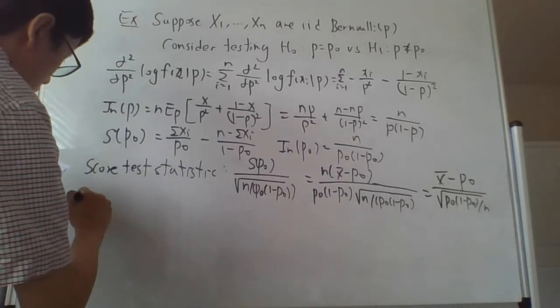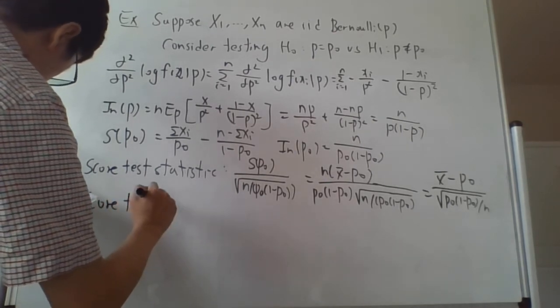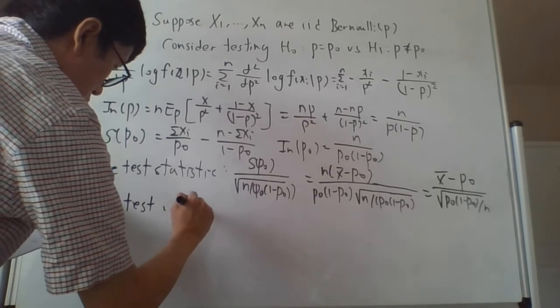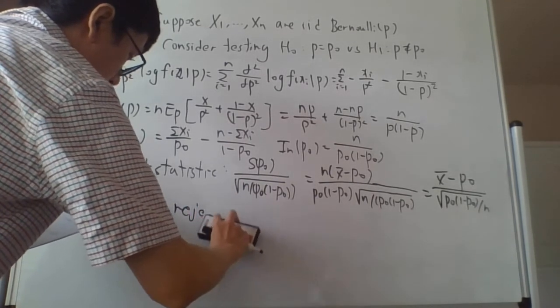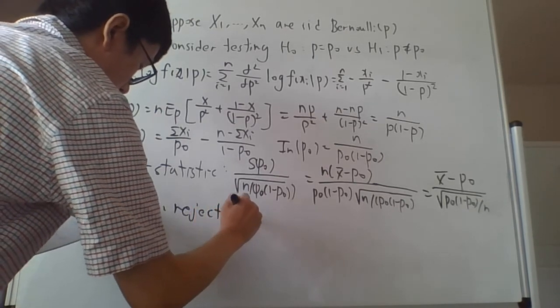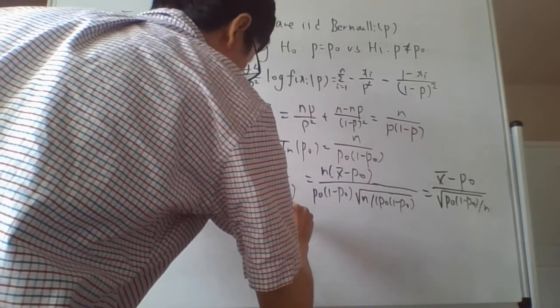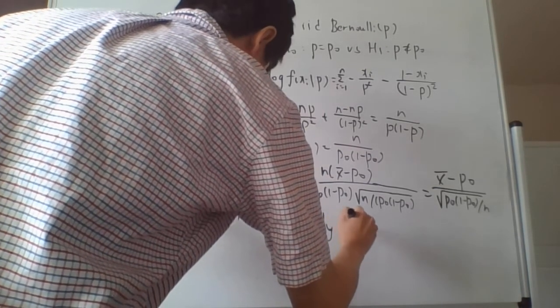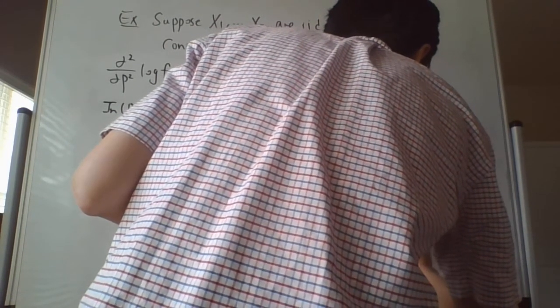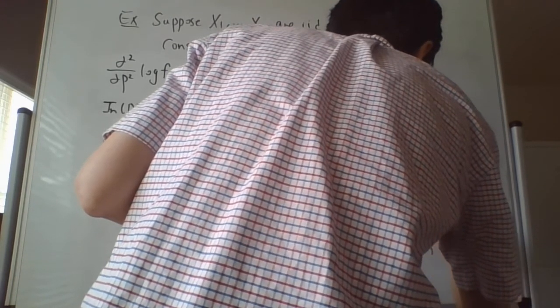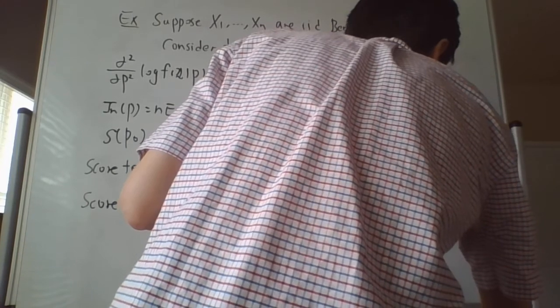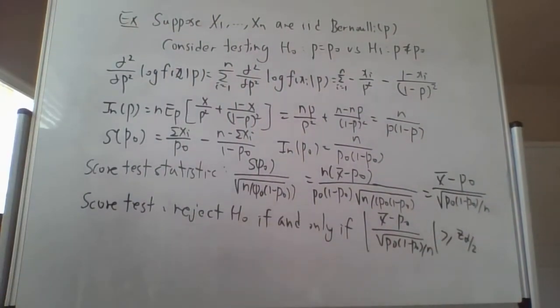So here the score test is: reject H0 if and only if the absolute value of x bar minus P0 divided by the square root of P0 times 1 minus P0 divided by n is greater than or equal to z alpha divided by 2.